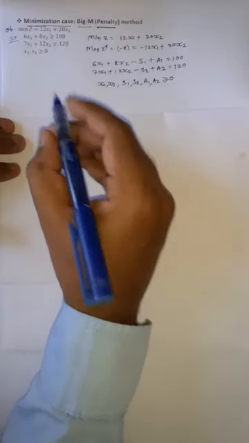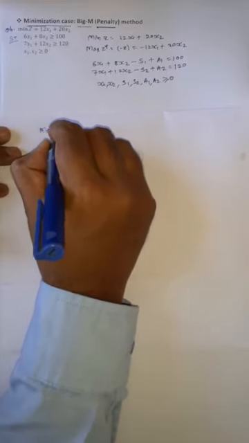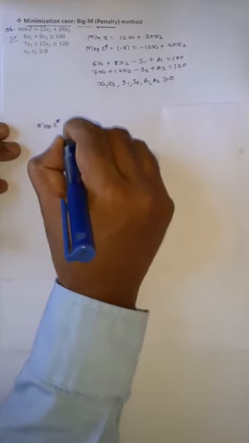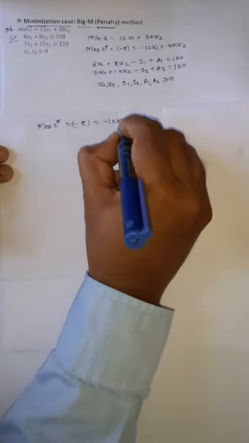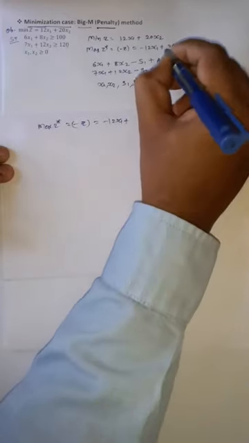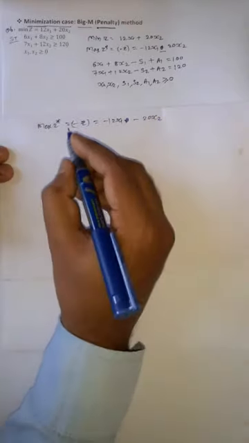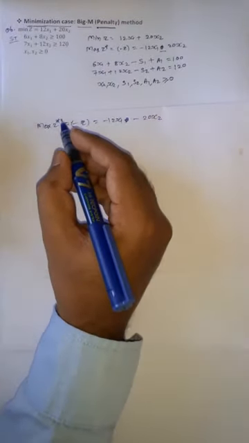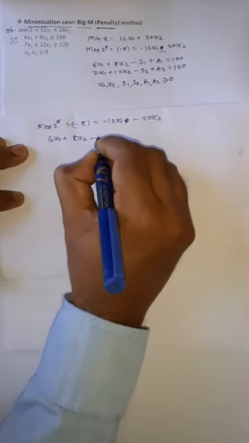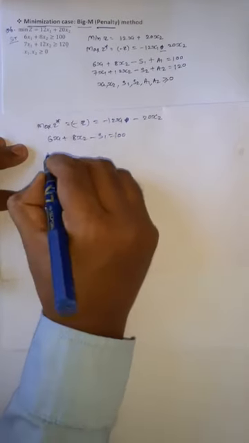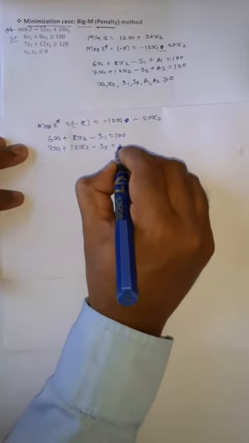Consider this problem: maximize z star equal to negative of z equal to minus 12x1 minus 20x2, and if we convert the constraints into standard form, then 6x1 plus 8x2 minus s1 equal to 100, and 7x1 plus 12x2 minus s2 equal to 120.